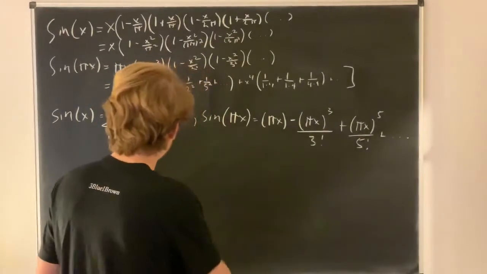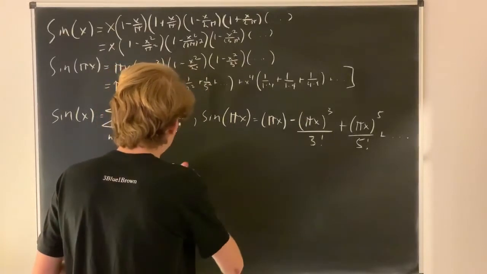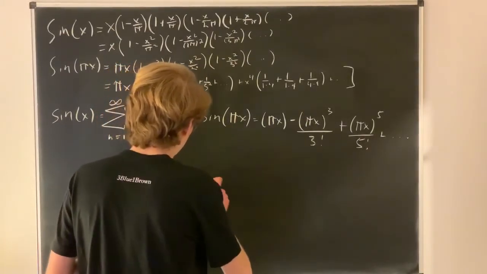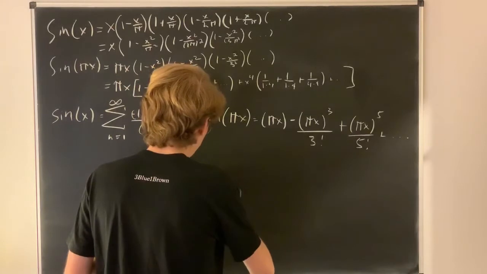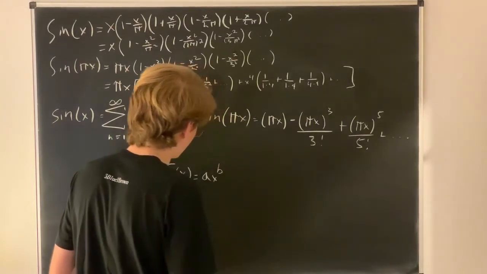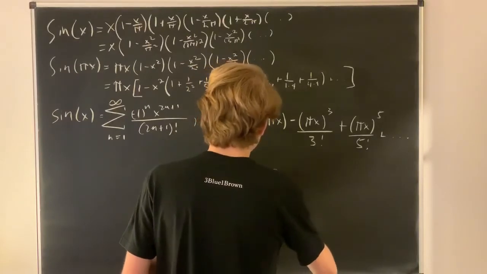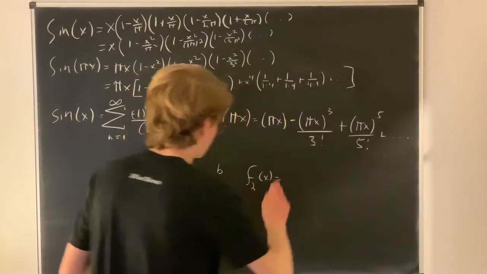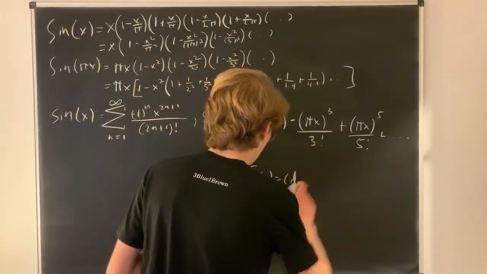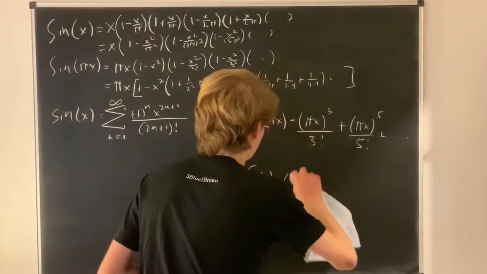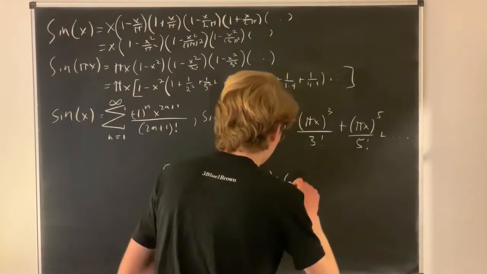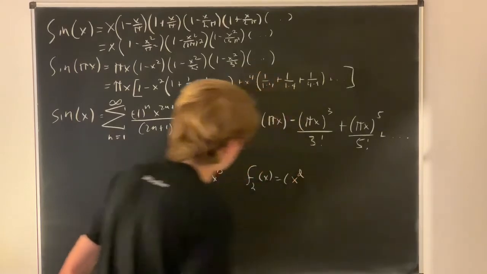Well, let's say we had a function f1, and let's say this was ax to the b. Let's say we had another function, f2, which let's say was, I don't know, cx to the d.